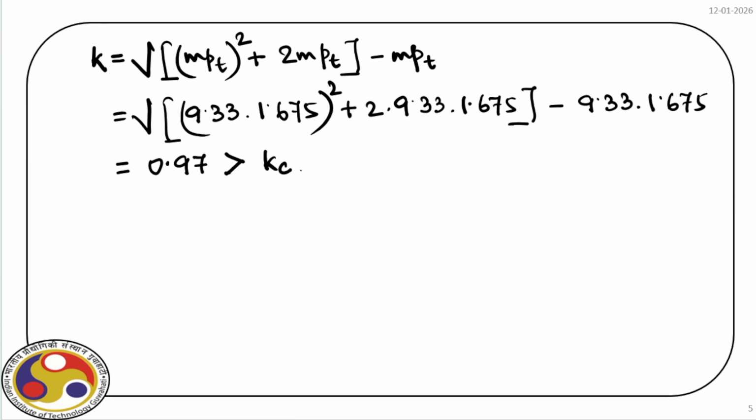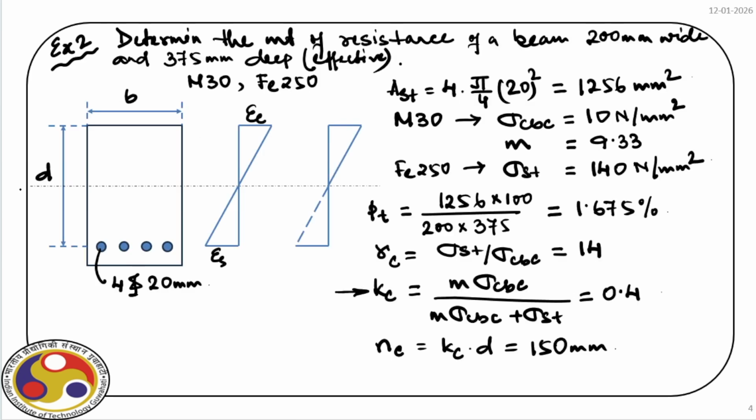If K is greater than Kc, that means if this is the location of the neutral axis that is critical, then let us write in black, and then we can draw another line using red. So the original neutral axis is somewhere below because K is more than Kc.